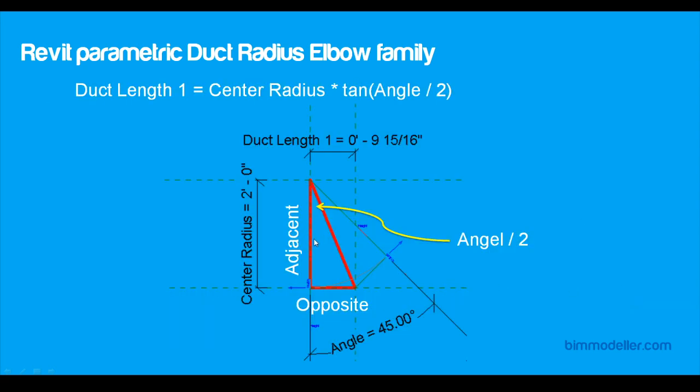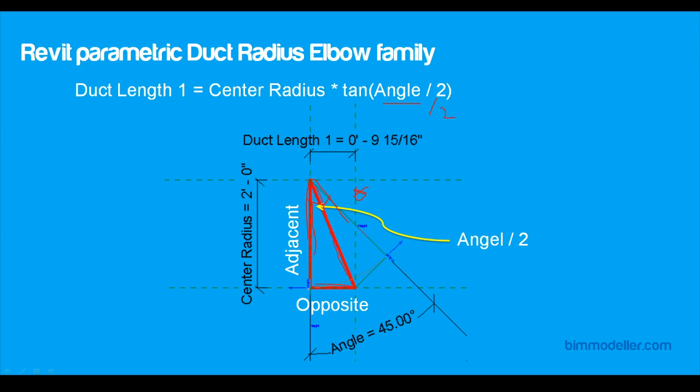As you can see, I have highlighted in red portions, our total angle will be in these positions like this, it is theta. So we're going to use angle divided by 2, theta divided by 2, until this position.